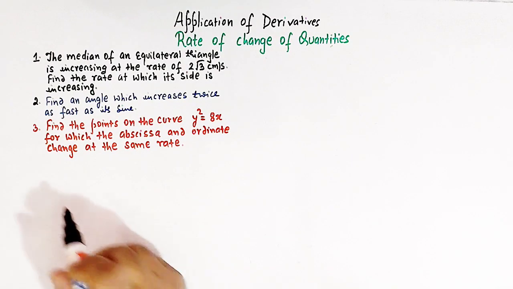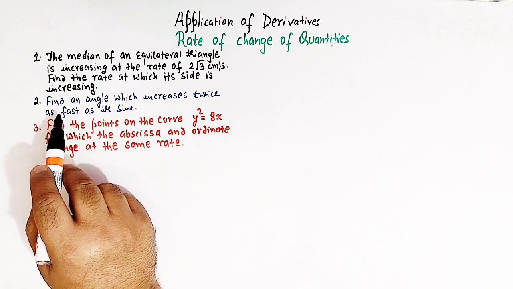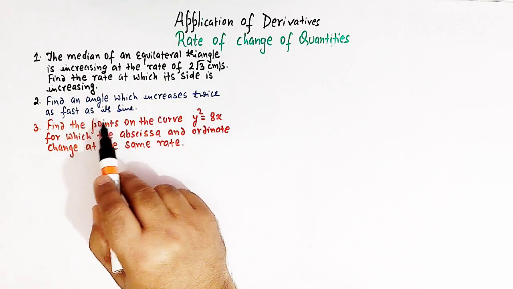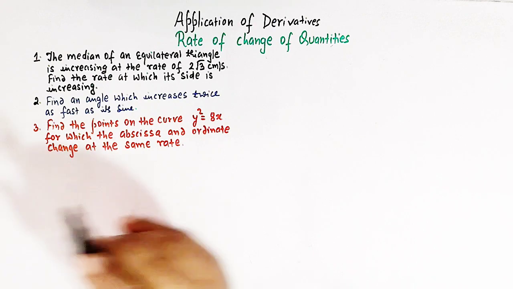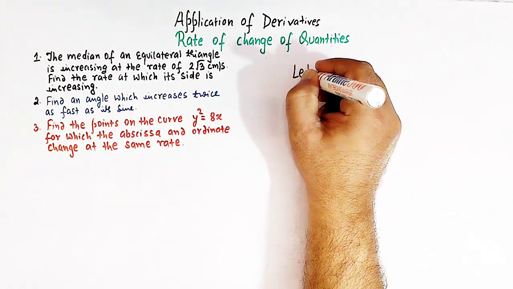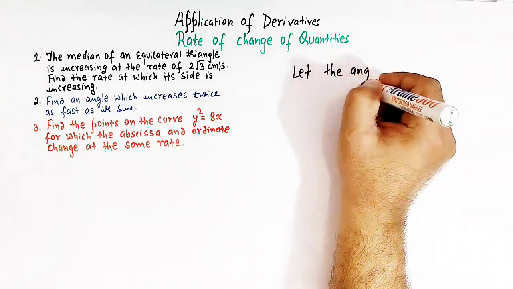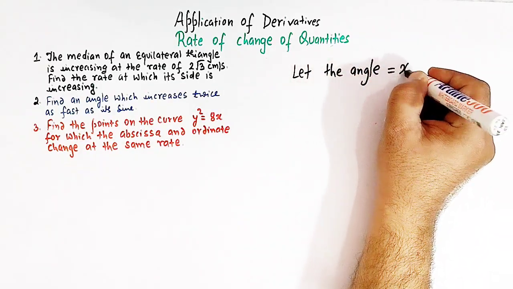Now let us take the second problem. So here we have to find an angle which increases twice as fast as its sine, right? So here what we will do, we'll take the angle as say x, right?